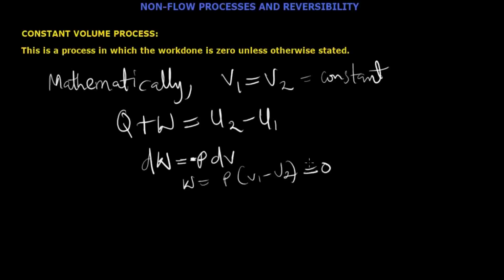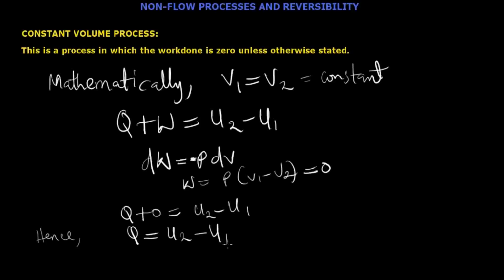Then inputting this into the first law, this will become Q plus 0 is equal to U2 minus U1. Hence Q is equal to U2 minus U1.